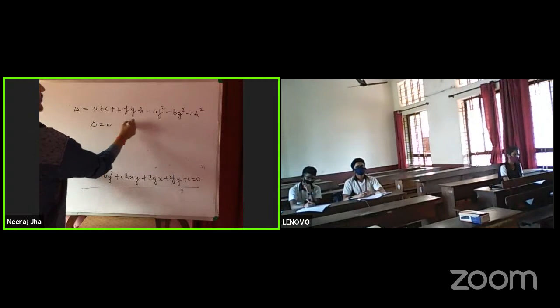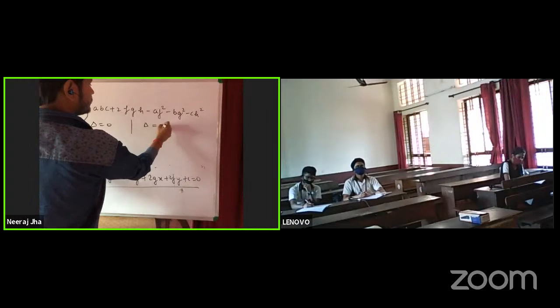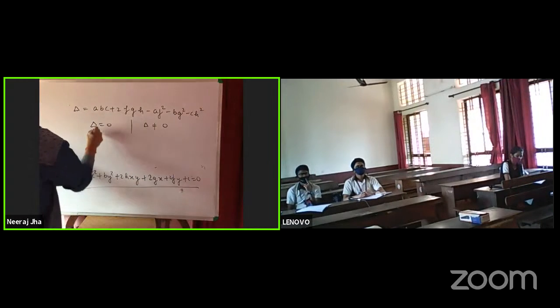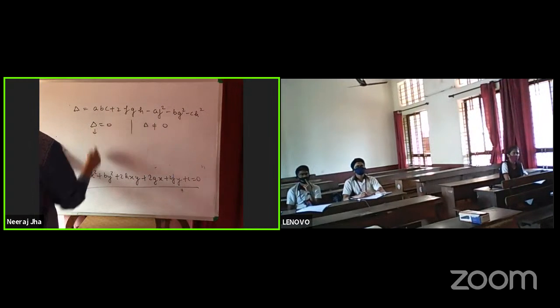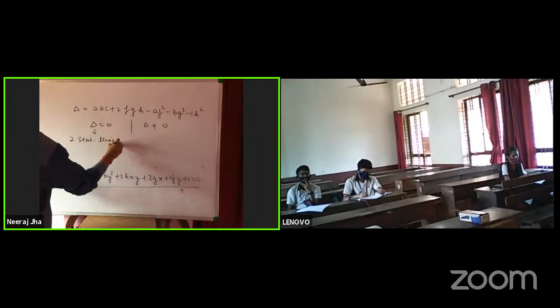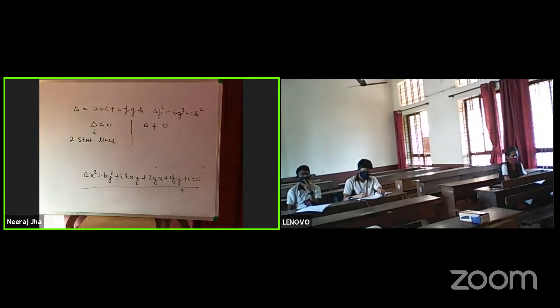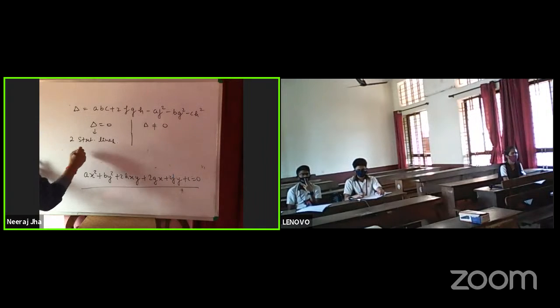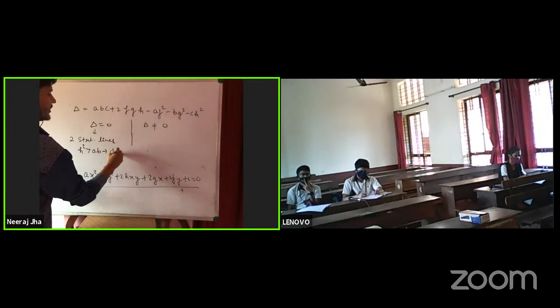If you remember this delta, we have two cases: when delta is 0 and when delta is non-zero. If delta is 0, this can be factorized into two linear factors, which means you will get a pair of straight lines. In this pair, if h squared is greater than ab, you will get distinct lines.